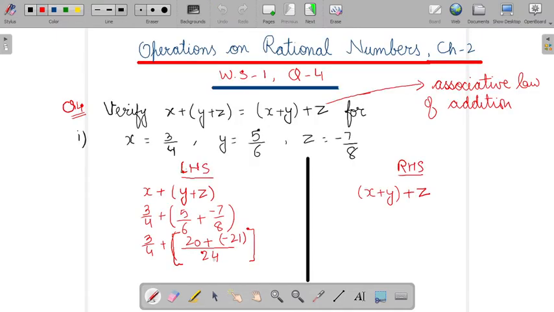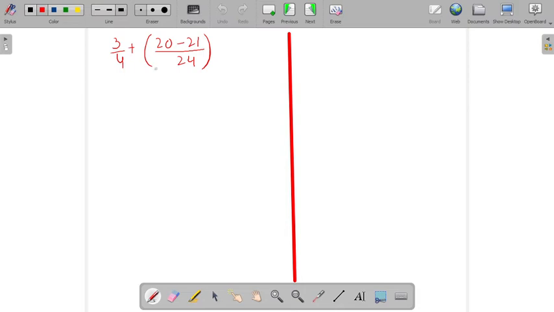Look at this one: plus multiplied by minus would be minus. Now we will solve it further: 3 by 4 plus, 20 minus 21, so it would be minus 1 upon 24.